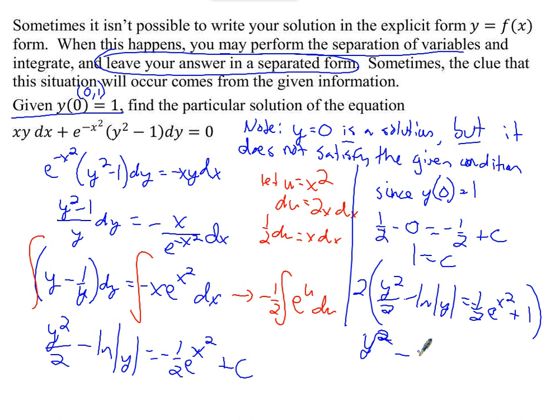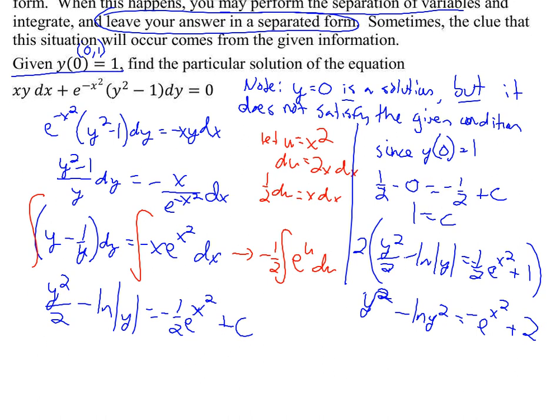So by doing that, I actually get rid of the absolute value symbol, and I can just write minus the natural log of y squared equals plus 2.